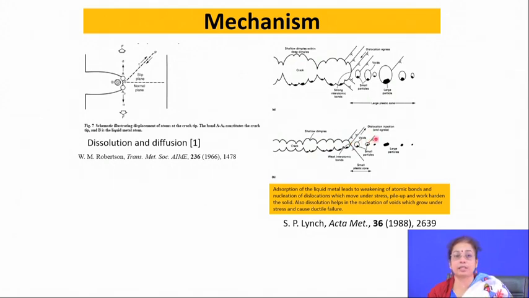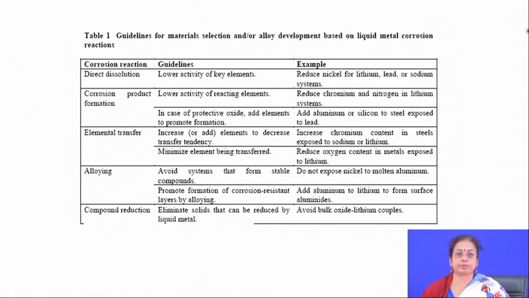So, whatever happens in the case of a normal metal that does not undergo stress corrosion cracking or liquid metal embrittlement, if you think of the same alloy in liquid metal, the typical mechanism may remain the same, but because of the overall decrease in ductility, it gets partially embrittled, and by that process there is crack initiation and propagation.